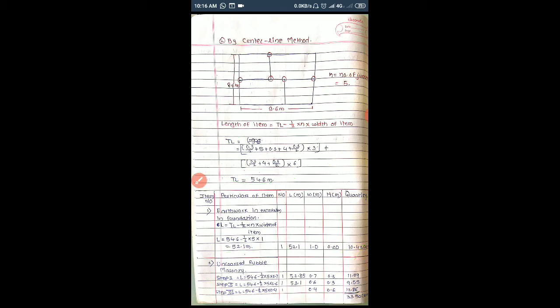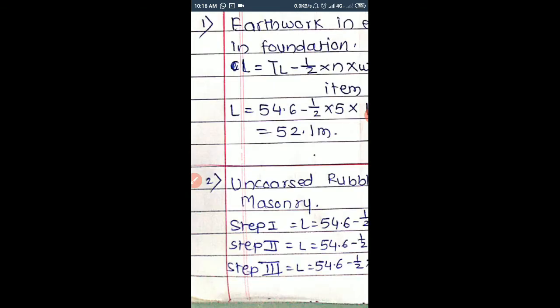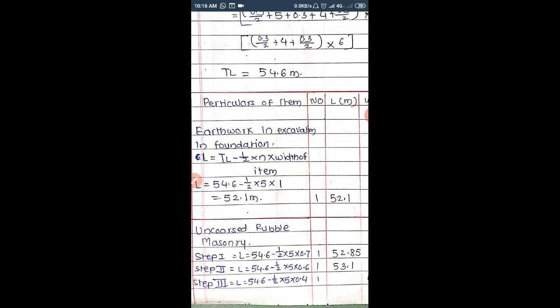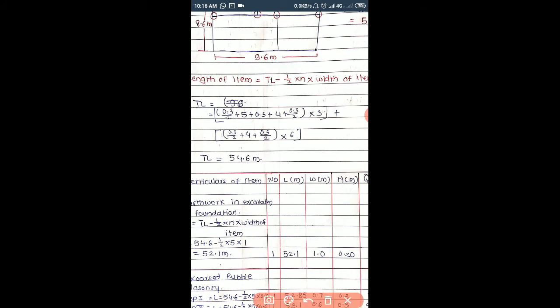Then for rubble masonry, similar to what we did in the long wall short wall method, we calculate for each separate step: step 1, step 2, step 3. What changes in these calculations? n will be 5 every time, and total length will be 54.6 for all the calculations. The only thing changing is the width of item.